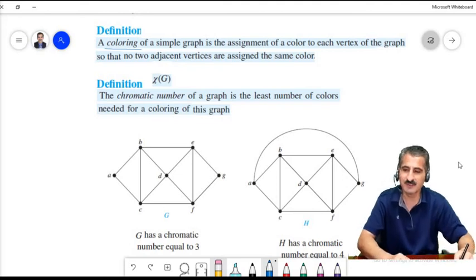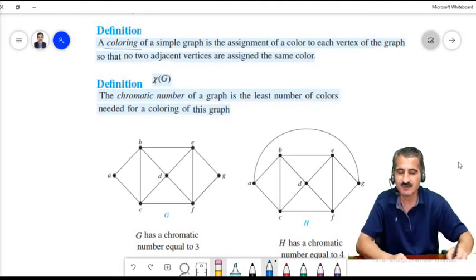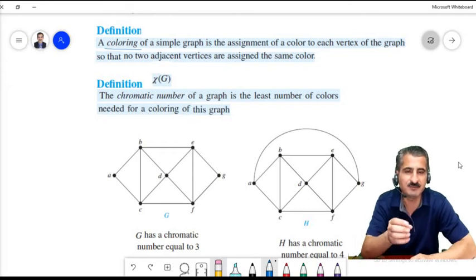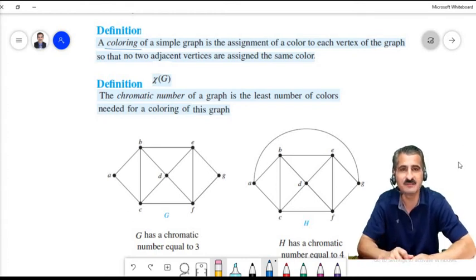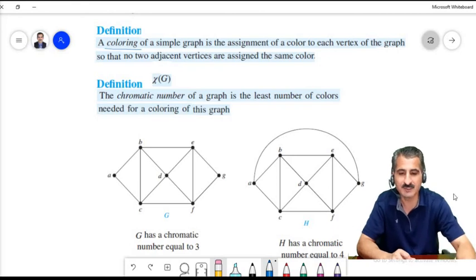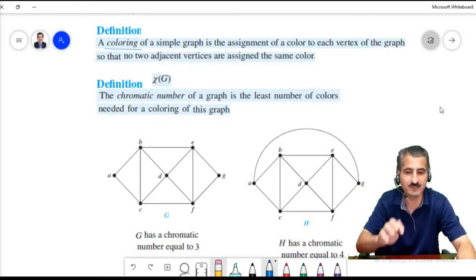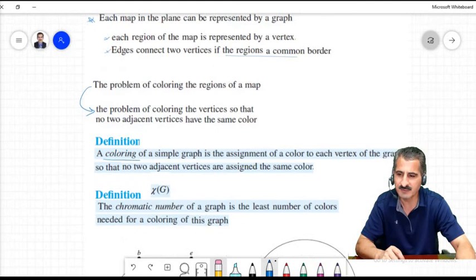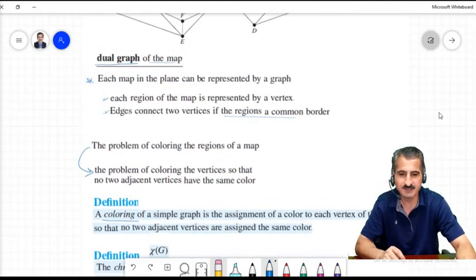And now the question becomes, what is the minimum number of colors that I need to color a specific graph? Above, we have seen when a graph needed 4 colors. Let's go back to them. And the other graph needed 3 colors.